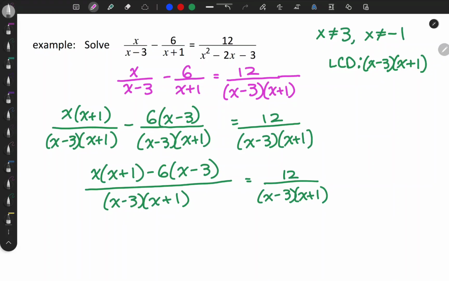All right, in doing this, all I really did was find a common denominator on the left. I haven't actually multiplied by that LCD that I identified yet. So we're actually at a point where either method 1 or method 2 could work.